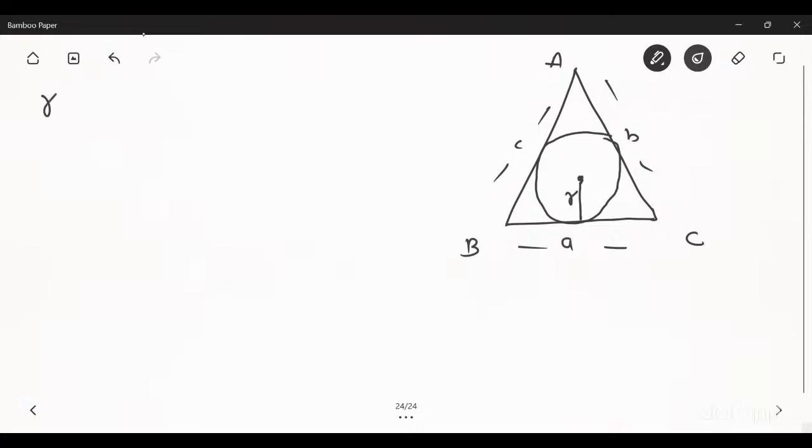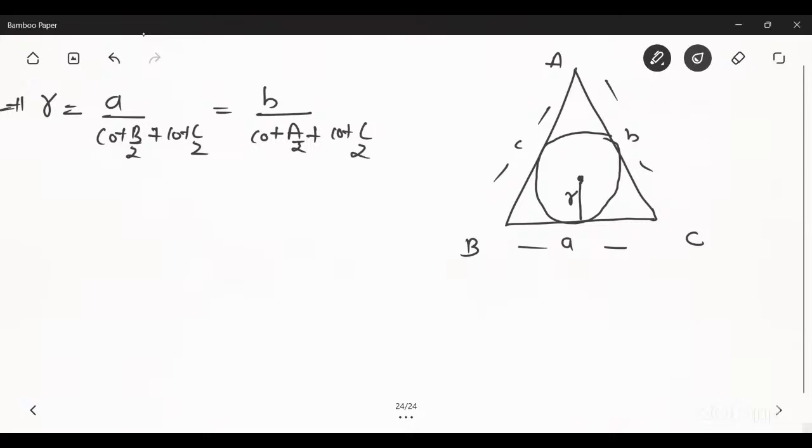So the value of r is a upon (cot B/2 plus cot C/2). And if a is not here, b will come, so rather the two other sides' half angle cot: b upon (cot A/2 plus cot C/2). Next, c upon (cot A/2 plus cot B/2). That was the value of small r.